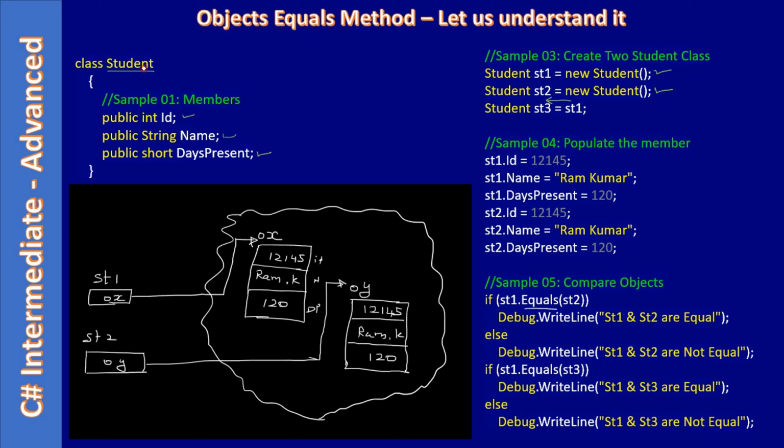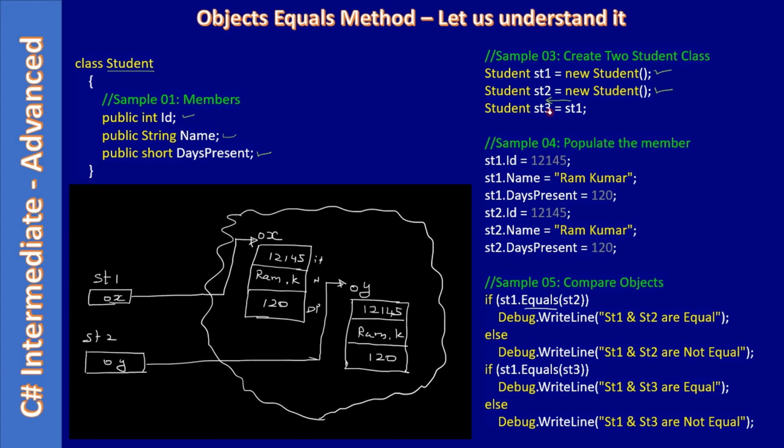st1.Equals. Here the class doesn't override it or implement the IEquatable interface. So st1.Equals means we go to the base class, that is object, and we are using the object class's Equals method.